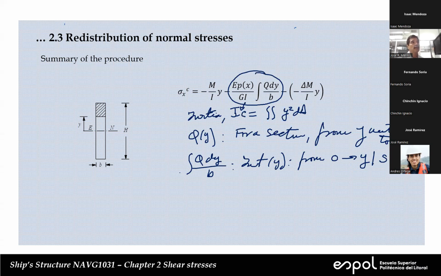Okay, good. Miss Arechua, what's next step now? Calculate the P of x. What? Calculate the P of x for later the bending moment.